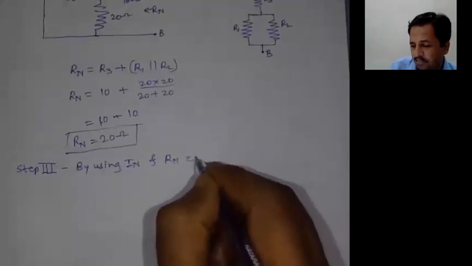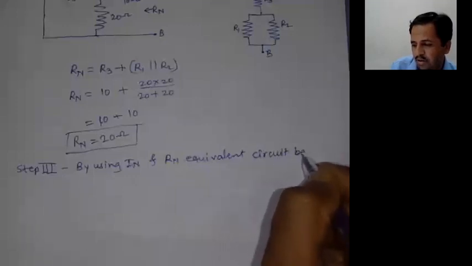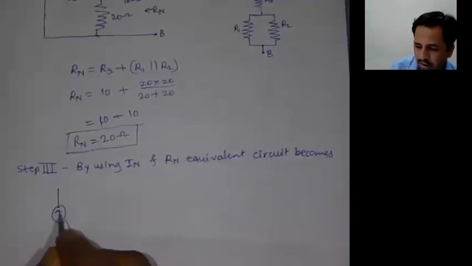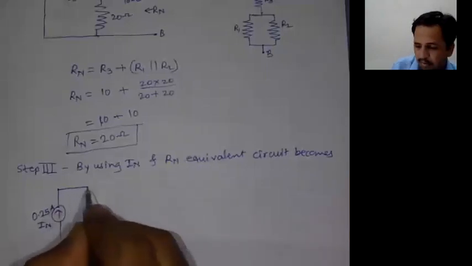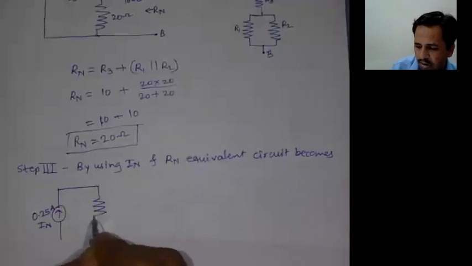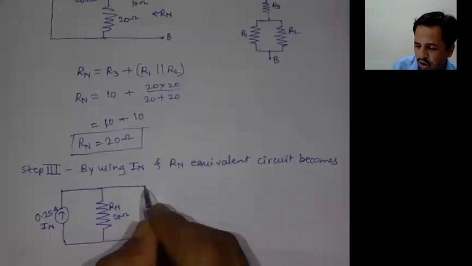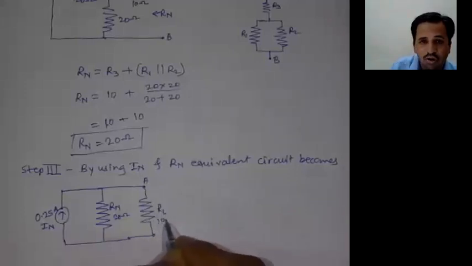The equivalent circuit becomes: the current source value is 0.25 ampere IN, in parallel with the resistance RN equal to 20 ohm, and at the load terminals A, B, the resistance RL equal to 10 ohm.